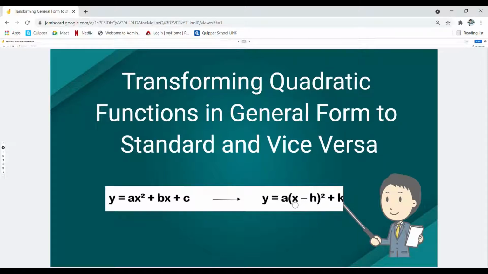And vice versa, meaning we can have the vertex form, then we'll write it back to general form. So let's start doing it, making use of the given here.